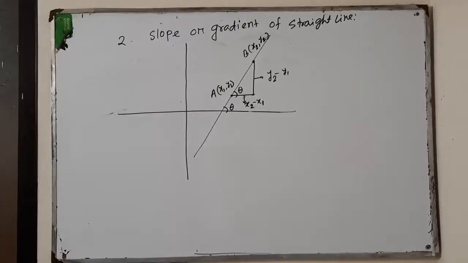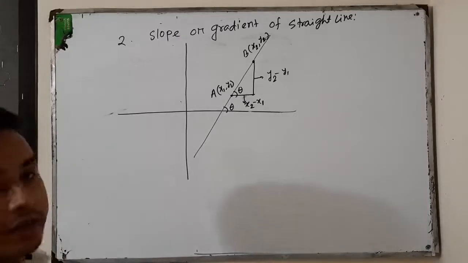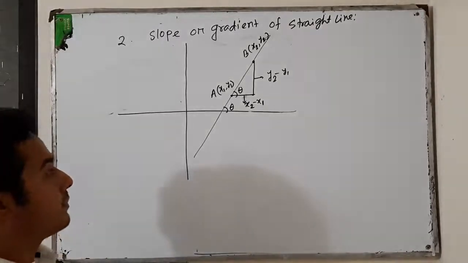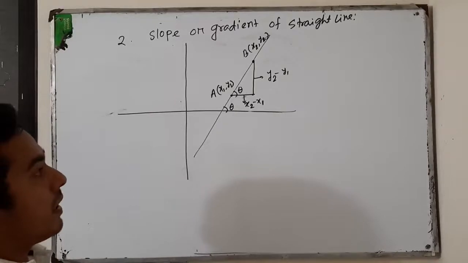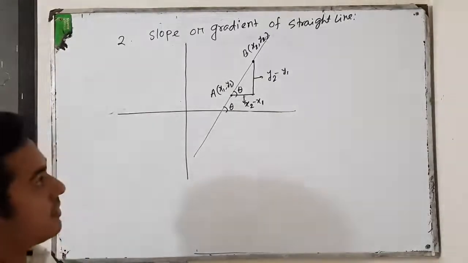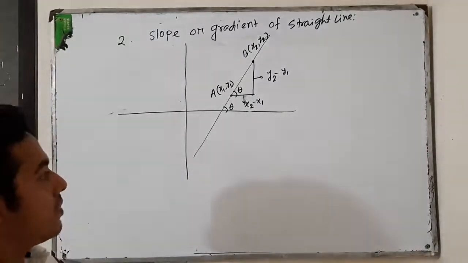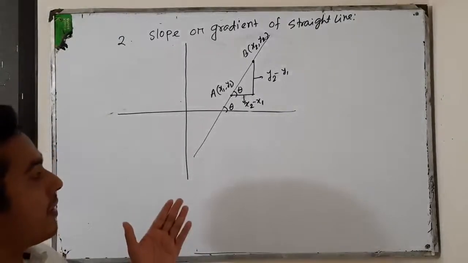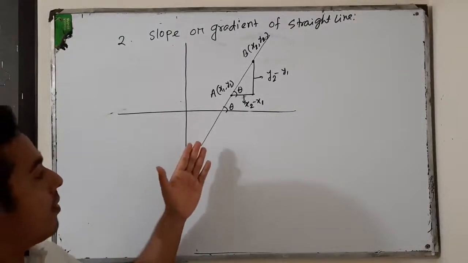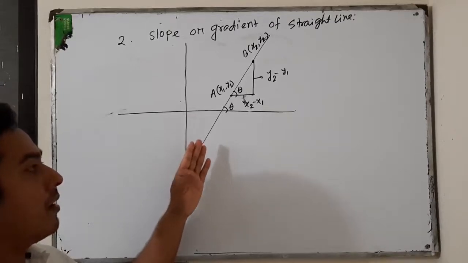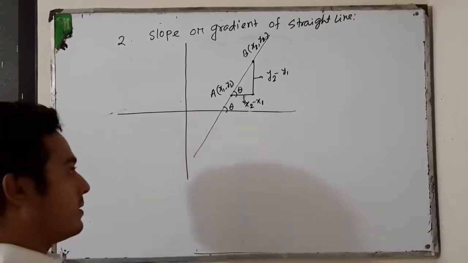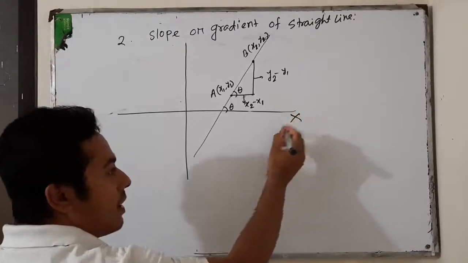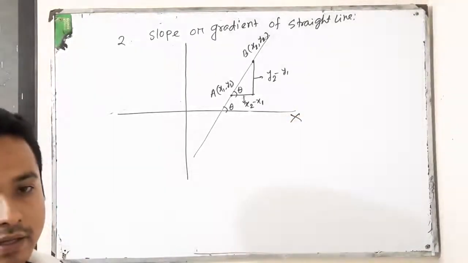Okay, now we want to discuss the slope or gradient of a straight line. What is the slope or gradient of a straight line? It is easy to say slope or inclination of a straight line. What is the inclination about the x-axis? This is called the slope of a straight line.